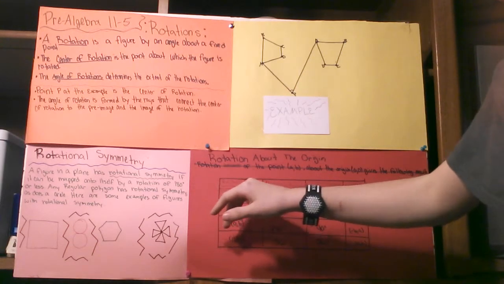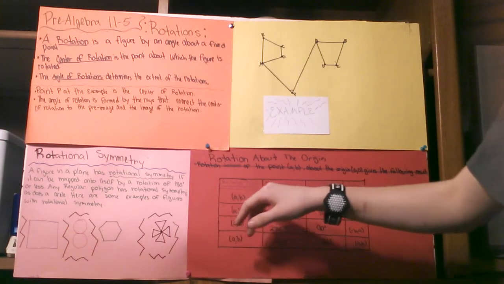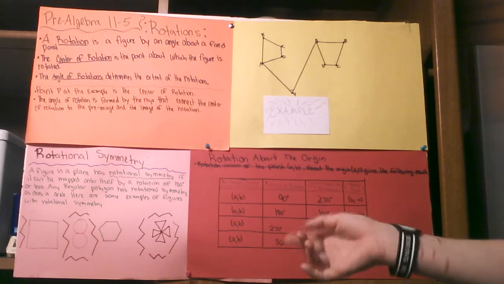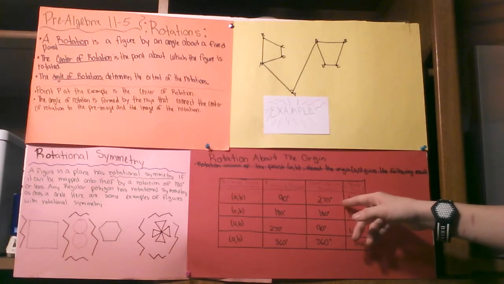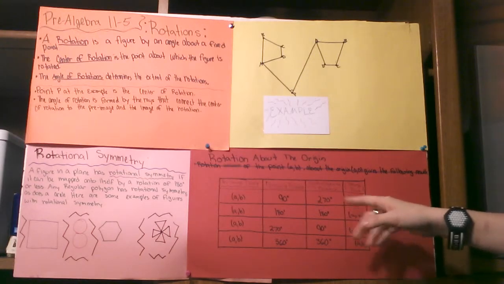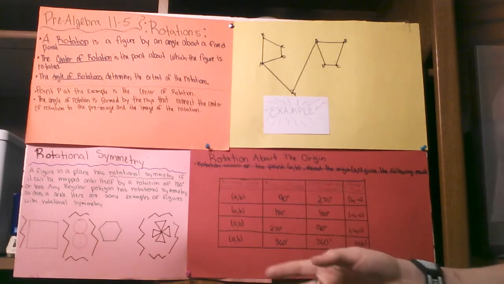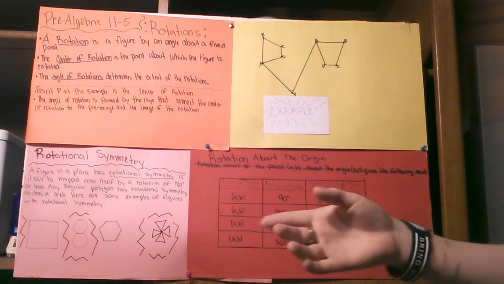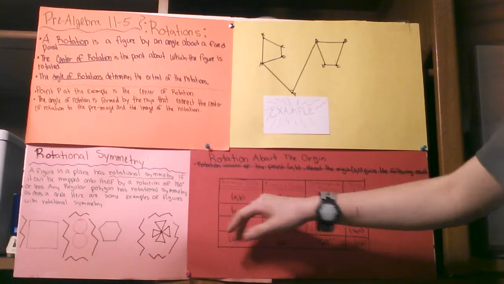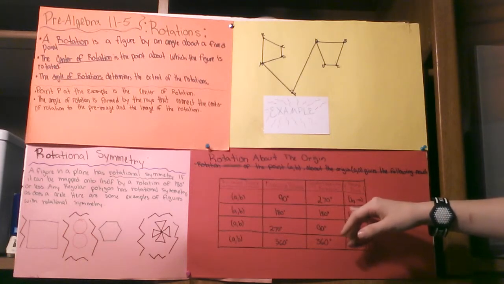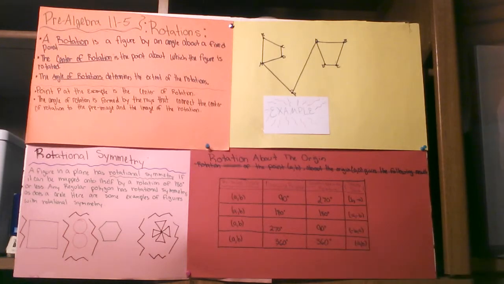If the pre-image point is (a, b) and the clockwise rotation is 90 degrees, or the counterclockwise rotation is 270, the image point would be (b, negative a). You can use any numbers, so if you use 3, 4, the image point would be (3, negative 4).